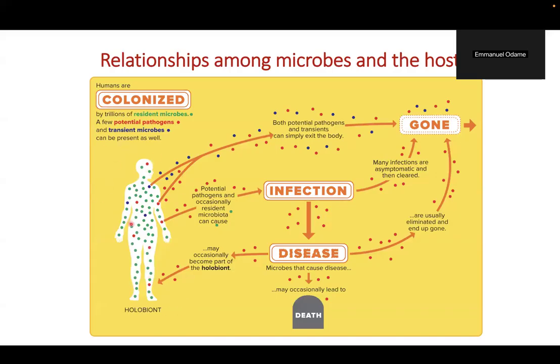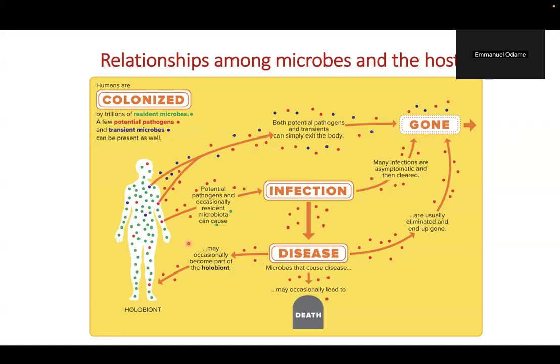You are colonized with trillions of resident microbes in your body, and they are playing a role in protecting your body. But both the potential pathogens and the transient pathogens, which are basically colonized in your body, will end up exiting your body and be gone.